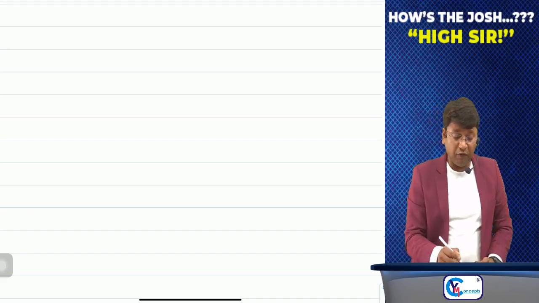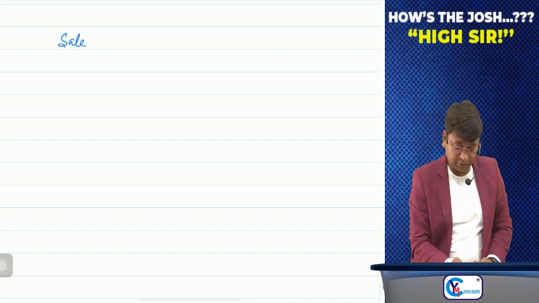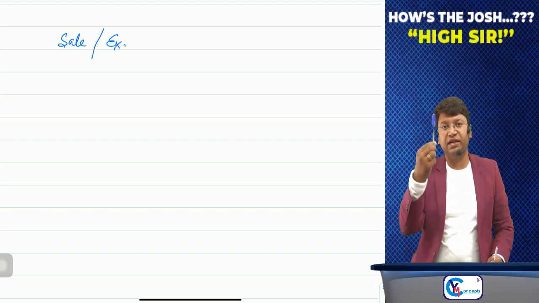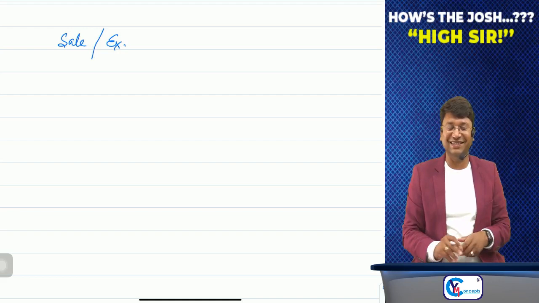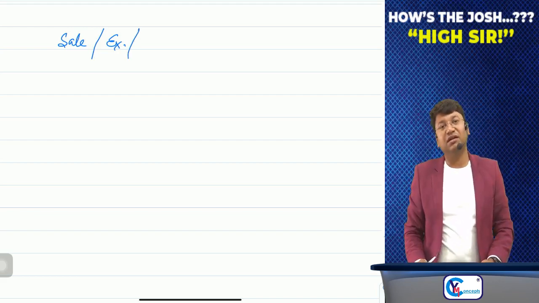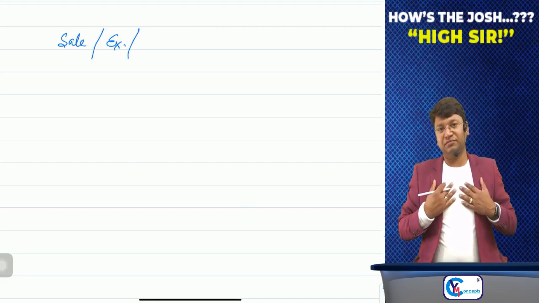Supply includes all forms of supply such as sale, exchange. Sale, I have sold this pen for rupees 10 lakh to you. 10 lakh, yeah, this is just an example. So this is sale, normal. Exchange, sir, suppose I am a mobile dealer.